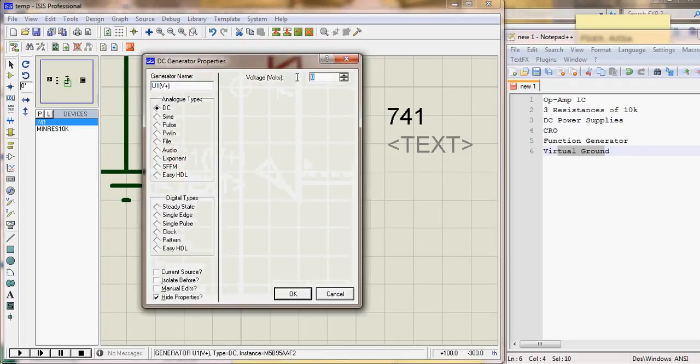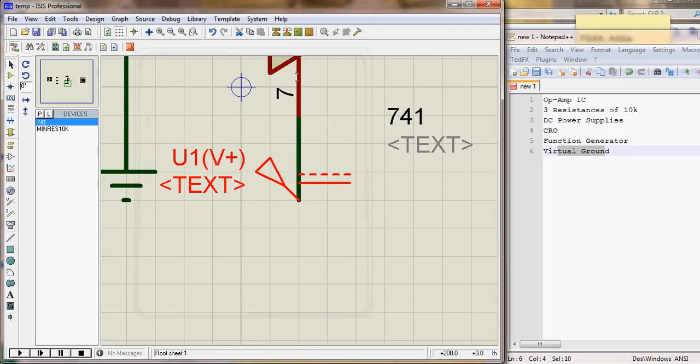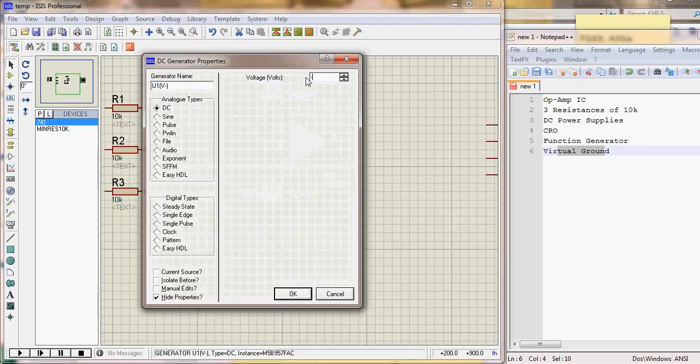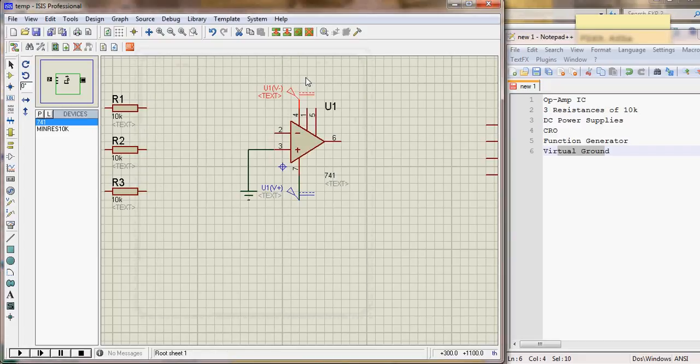This will be positive. This is negative 15. Done. Put one resistance to this place.